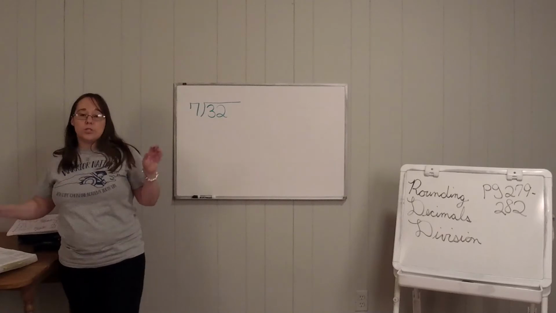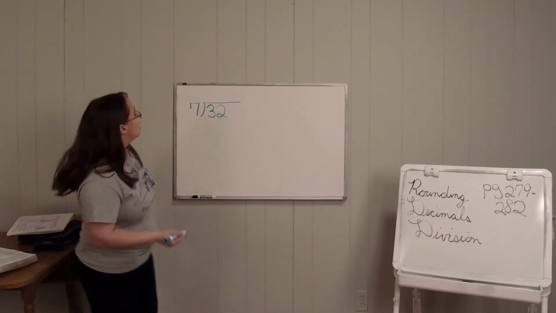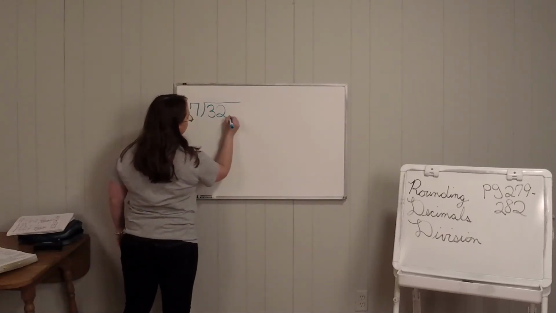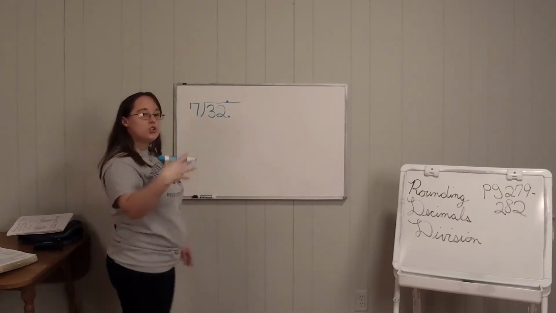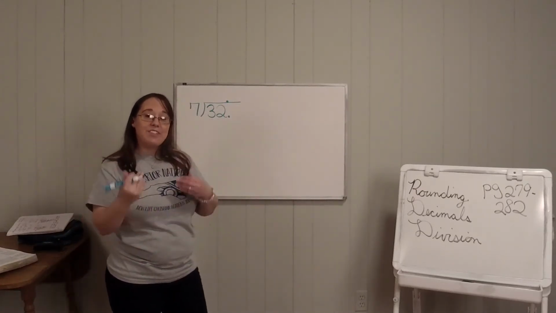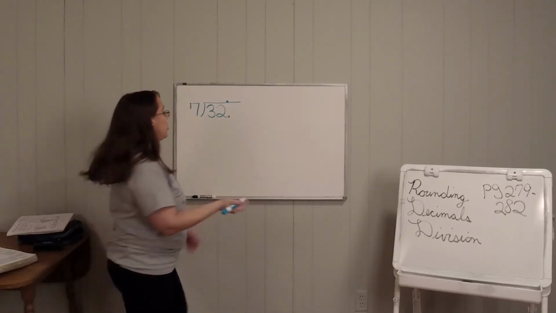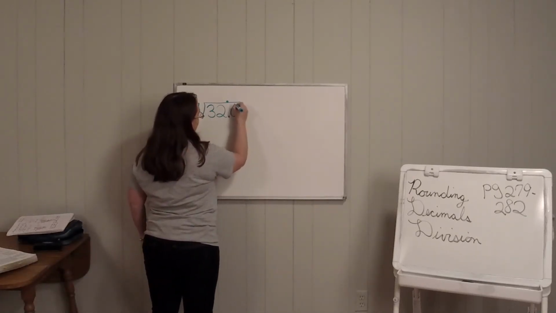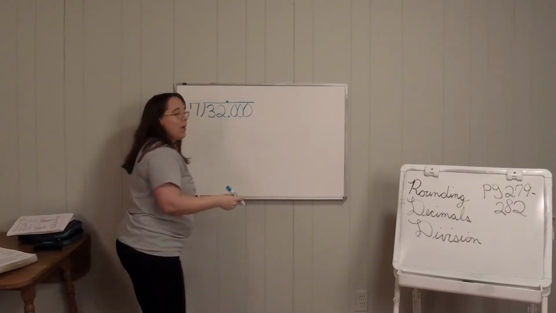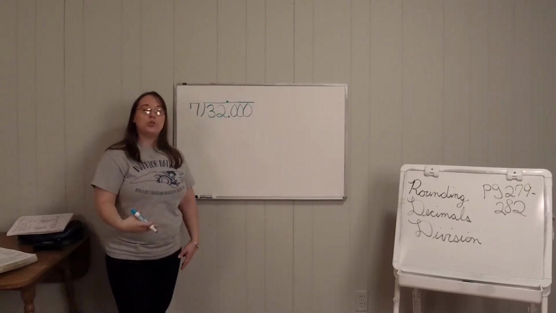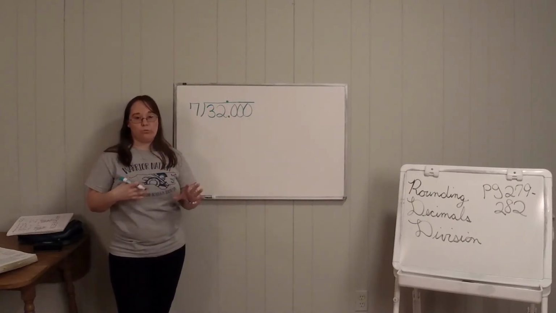So when it says it wants to go to the nearest hundredths, you know you're going to add your decimal. And since you're dividing to the nearest hundredths, you have to have a number beside that hundredths to round with. So you're going to add zeros, or annex zeros, to the thousandths place. That way, you're able to round.